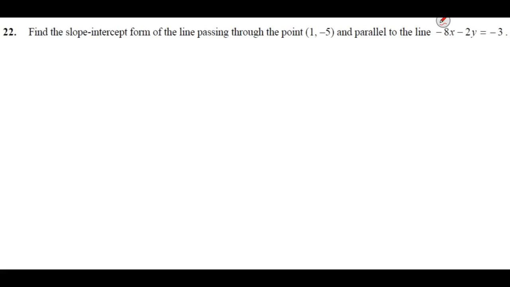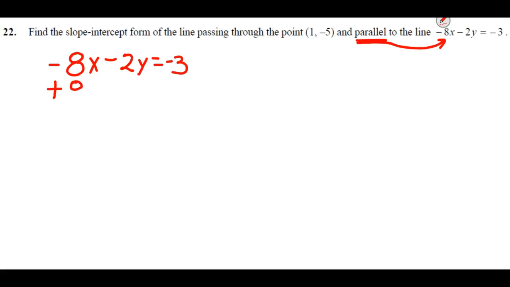So for question 22 from assignment 1, now I want to make a parallel line, but if you notice, my first equation they're giving me is not in y equals mx plus b. So my first step is I have to take my negative x minus 2y equals 3 and change it to y equals mx plus b.